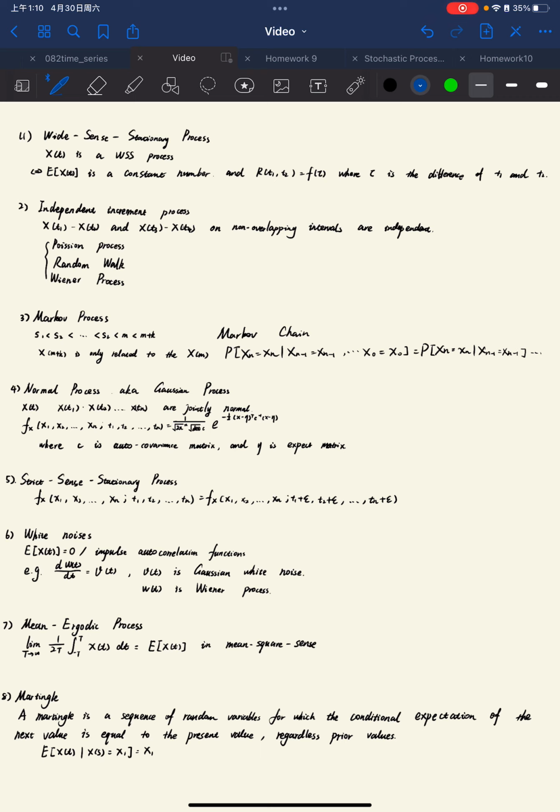If we call one process a wide-sense stationary process, it means the expectation of Xt, which is the process, is a constant number, sometimes denoted as eta, and for the autocorrelation at times t1 and t2, it equals the correlation at a certain time difference, which we call tau, where tau is the difference of time 1 and time 2.